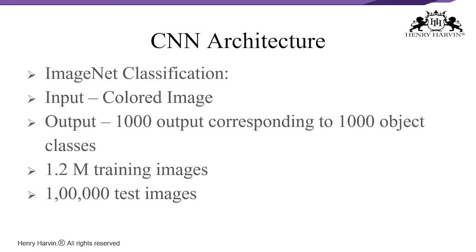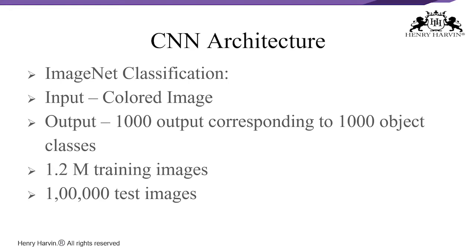When we compare the orders of magnitude, it is more than the handwritten digit classification. The magnitude is more in the sense that the image size is more and the number of images is more. In handwritten digit classification we had only 10 outputs, but here we have around 1,000 outputs.